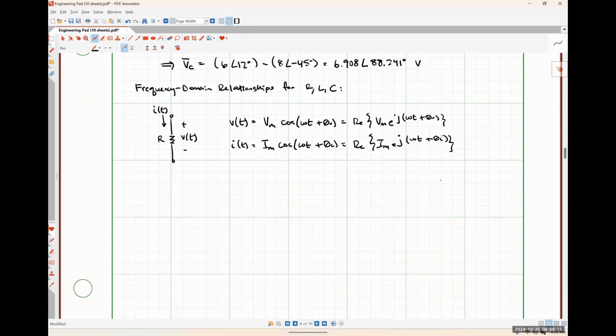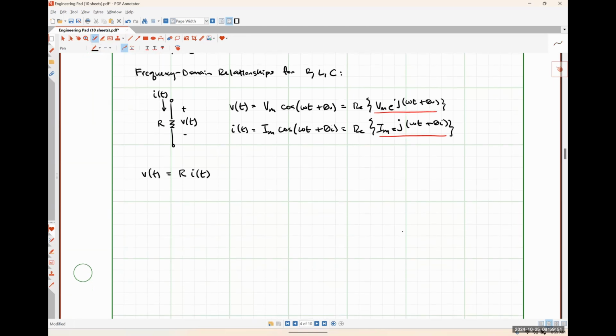So for a resistor, what's the relationship between current and voltage? Ohm's law. So V of t is equal to R times I of t. So all I'm going to do here to figure out how this circuit element behaves in the frequency domain is substitute in my mixed domain signals, okay?